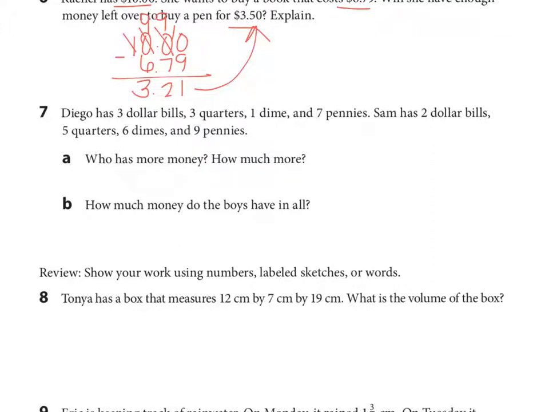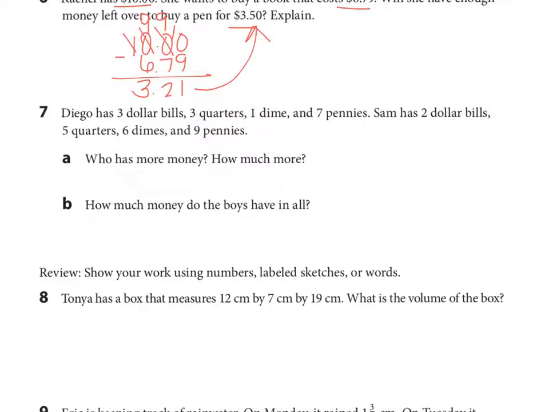Number 7 says Diego has $3 bills, 3 quarters, 1 dime, and 7 pennies. Sam has $2, 5 quarters, 6 dimes, and 9 pennies. Who has more? How much more? So it looks like first we're going to calculate how much Diego has.